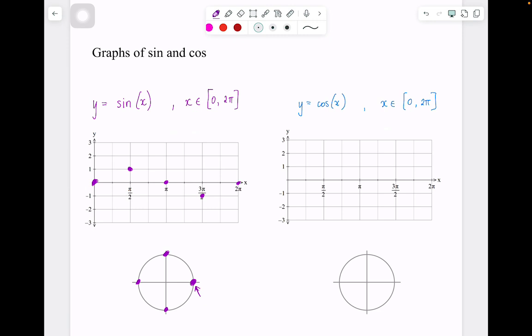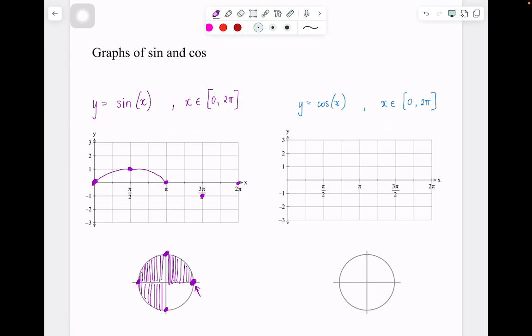So how do we connect this? We can see that the y value slowly increases as we go from 0 all the way up until 1. So there seems to be a curve behavior. The way that we connect those is through a curve like so. Then as we continue around the unit circle, we can see the y values decrease back to 0. So we're going to attach it again with another curve.